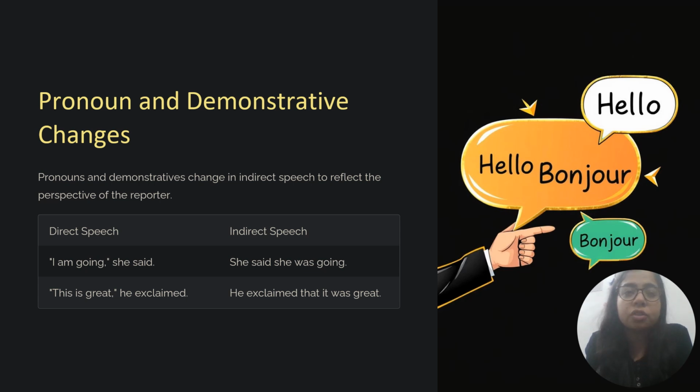When she was saying it she said "I," but if I tell someone else, I will say "she." One more sentence: "This is great," he exclaimed. It will be: he exclaimed that it was great. This changes into "it." There are some words whose pronouns change, and demonstrative changes are there. You need to look them up and study those.